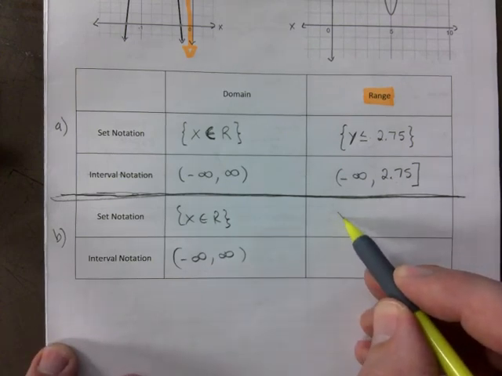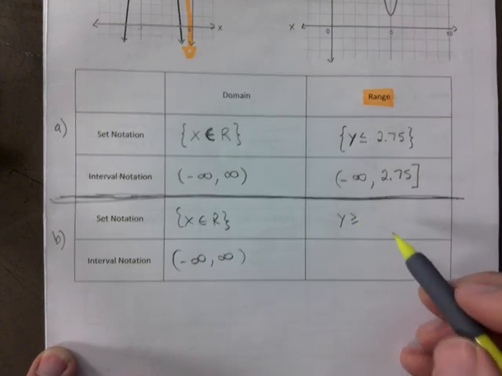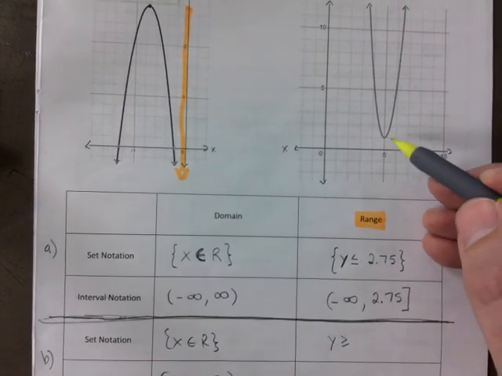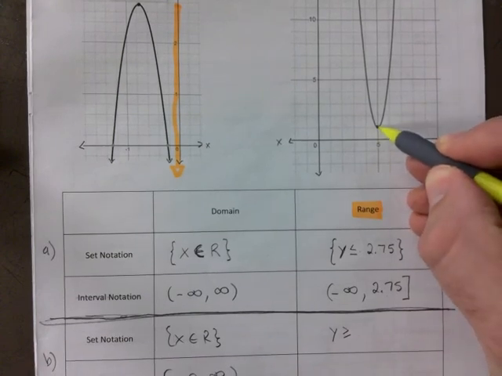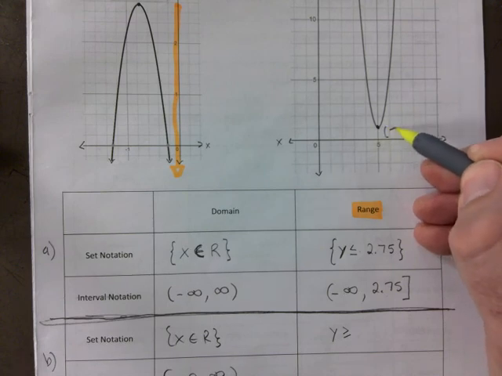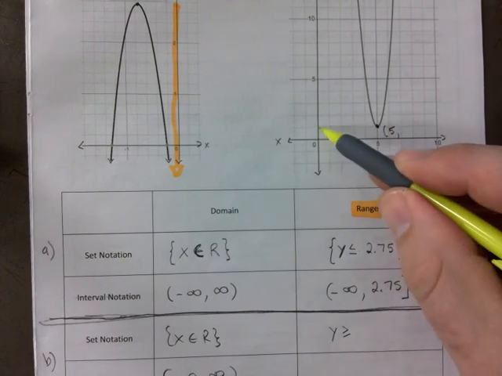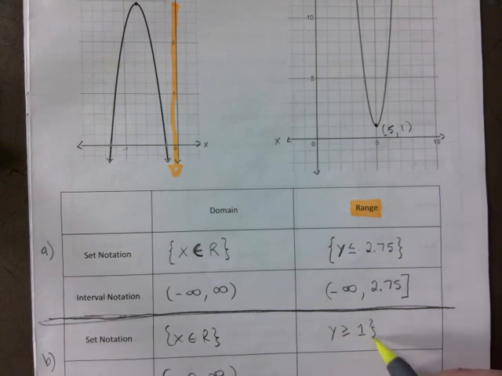So I'd be going Y is greater than or equal to whatever the Y value is of this. And do we know what it is? I didn't put it on there, but we know that this is 5, 1, right? So it's values that are greater than or equal to 1 in that case.